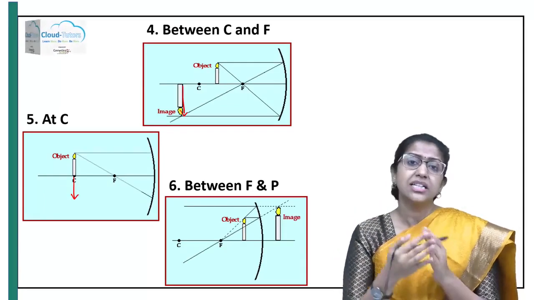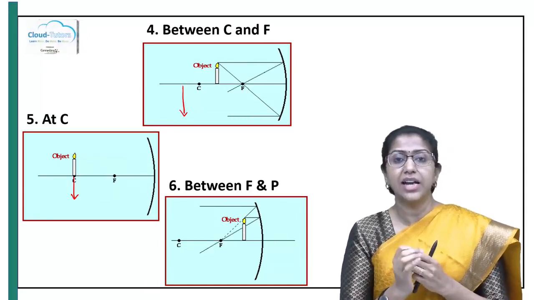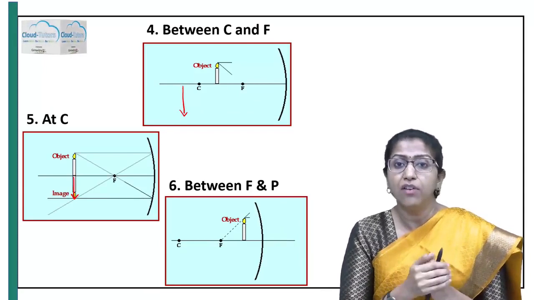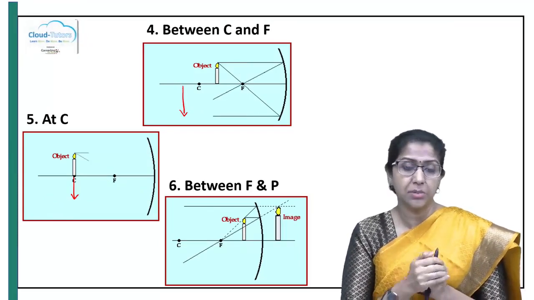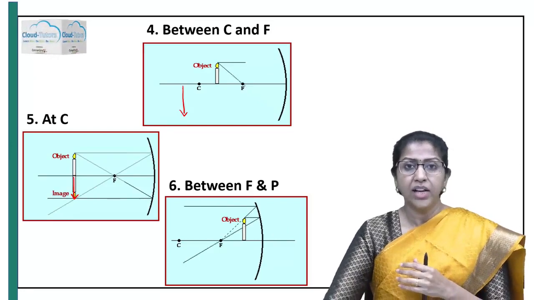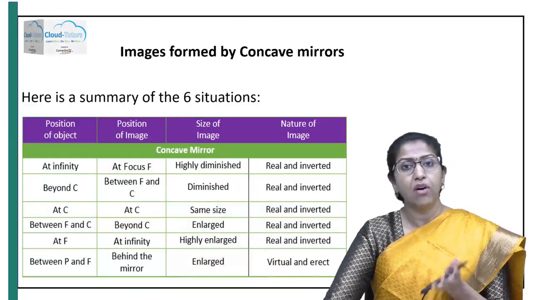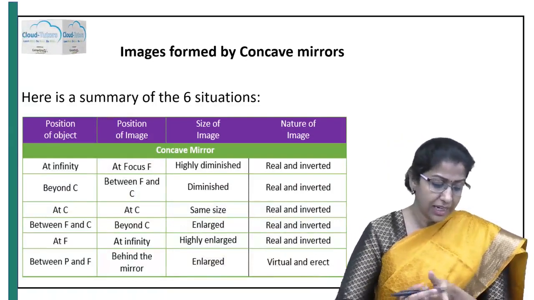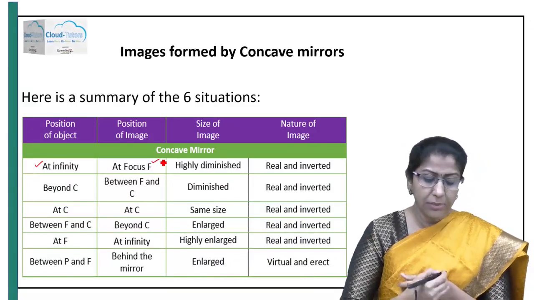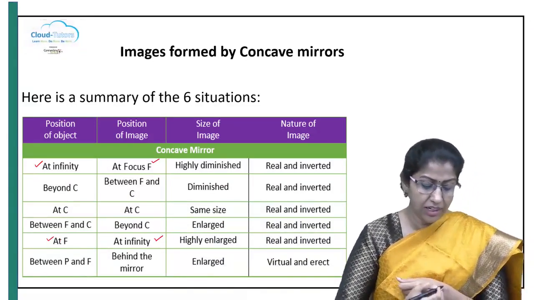Alright, so these are the 6 cases, and you need to practice these ray diagrams as much as possible. I cannot stress enough the significance of the ray diagrams when it comes to spherical surfaces or these mirrors. Okay, so this is just a summary of all the 6 cases. As you can see, when we keep the object at infinity, the image is formed at focus. When we keep the object at F, the image is formed at infinity.